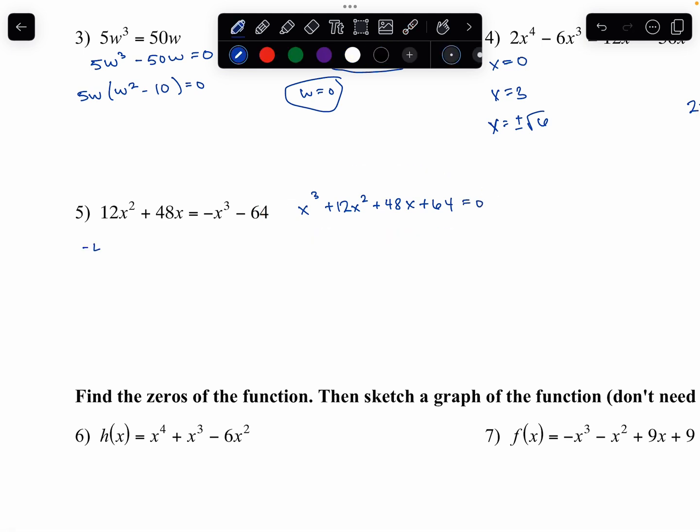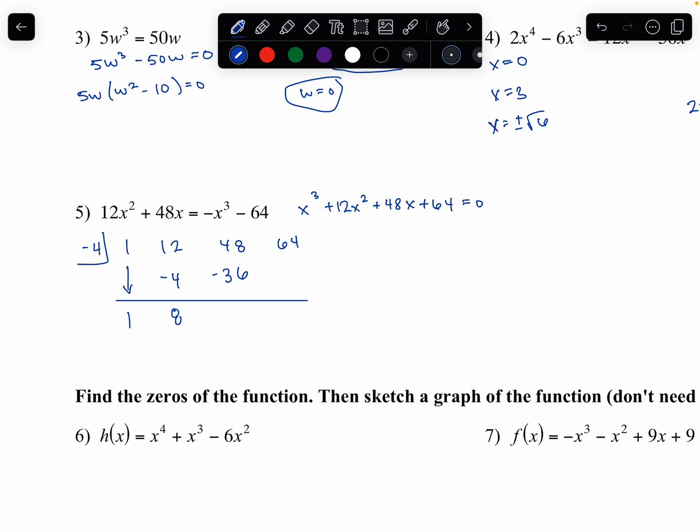So let's take the -4 and let's divide it. So I got 1, got 12, got 48, and I got 64. I'm going to use synthetic division, drop the 1, that becomes -4, that becomes 8. 8 times -4 becomes -36. Subtract those together, that becomes 12, doesn't it?